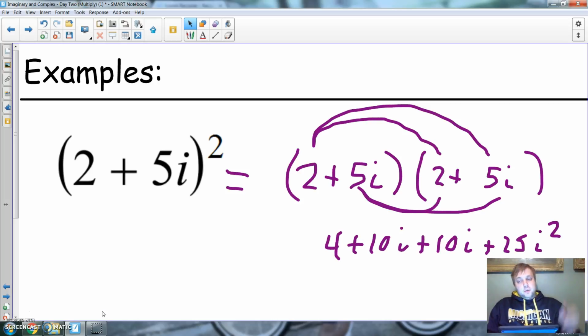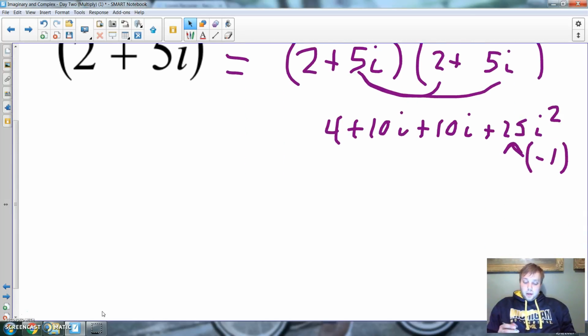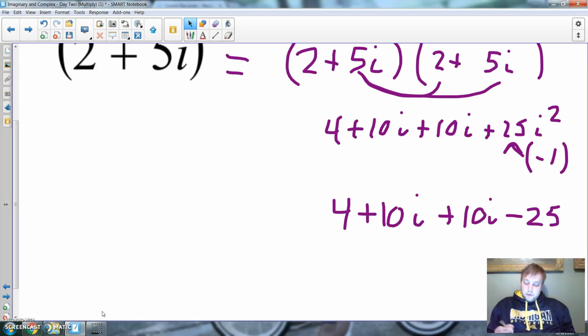Now, as soon as I see i squared, I basically turn whatever number it's attached to into its opposite, because I know this becomes a -1, and a -1 times anything is going to turn into its opposite, right? So that's actually 4 plus 10i plus 10i minus 25, because that i squared turned that into a -25.